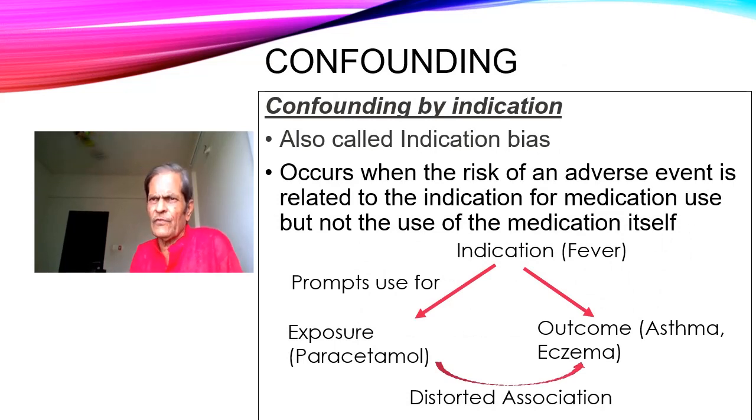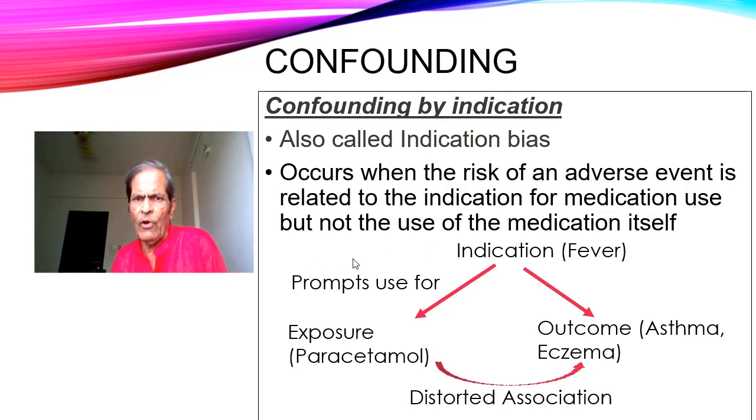There is a subclass of confounding which is called confounding by indication, and these examples are seen in ample numbers in pharmaco-epidemiological studies. This is also called indication bias, because the word indication is there.